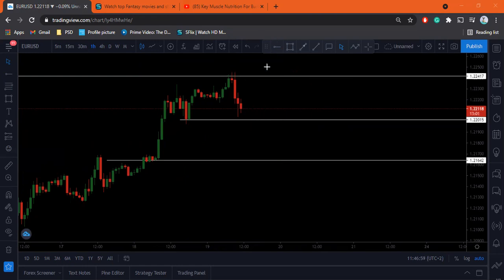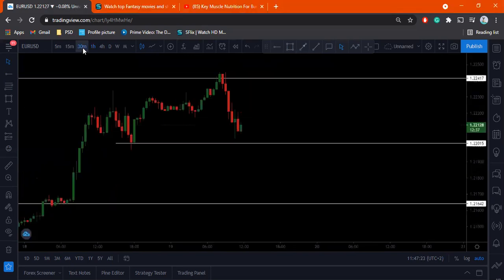If you don't catch price retesting around this area, pushing all the way up to this area, then you want it to close below this area. Once it closes below, it might actually give you structure, because if we go on our 30-minute time frame, price looks like it has created a high right here.